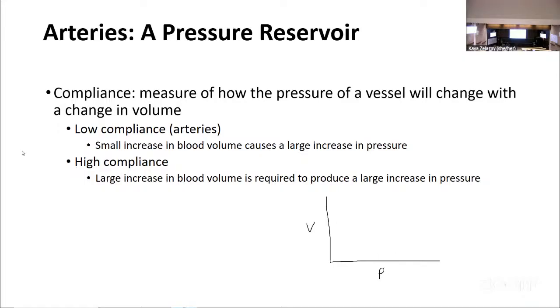We're going to talk about arteries as having low compliance. I'm drawing this line here, low compliance. And later on, when we get to the veins, I think it's helpful to put them on right now. Our veins, we're going to think of as having high compliance, so they're going to have a higher line on this compliance graph. What this means for us, we can read it in either direction.